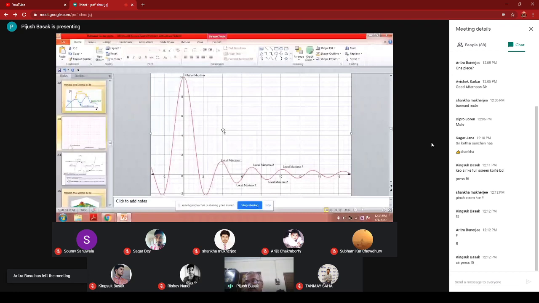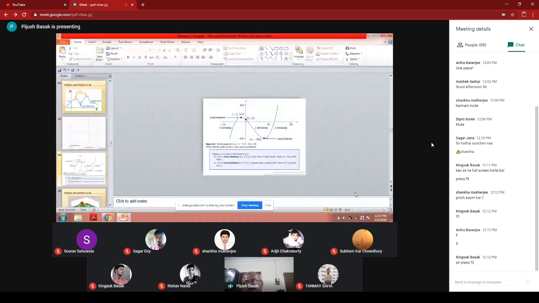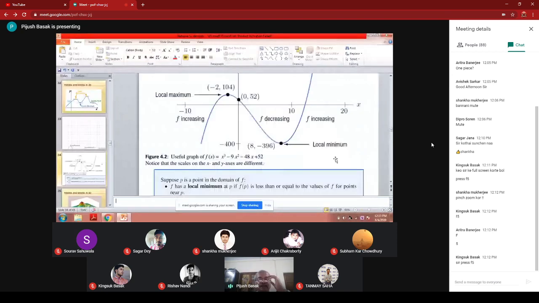Next. This will have to be improved again because this is not according to the scale. So there is another curve. Are you looking at the picture? Well, the local maximum is here. It is crossing the y-axis. That is not the problem. This is a local minimum. And again increasing.